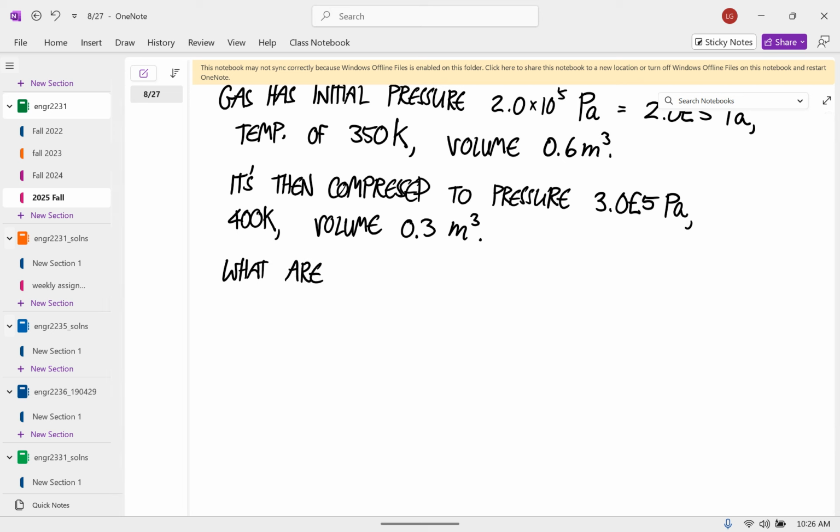What are the properties, states, and what's the process?